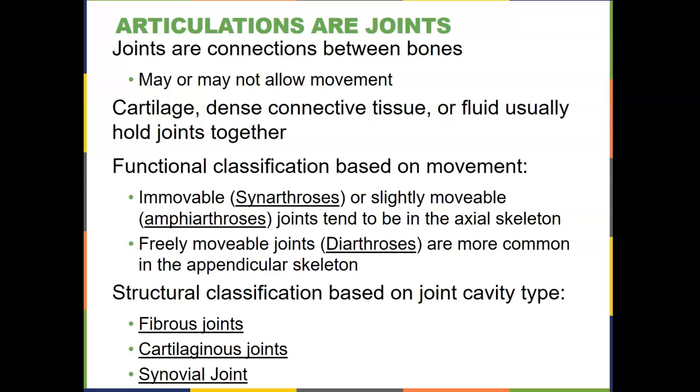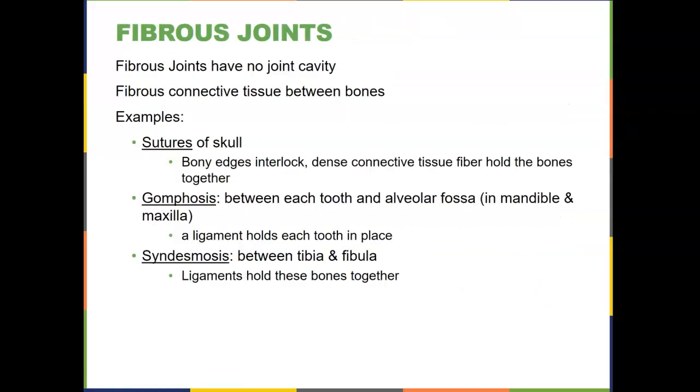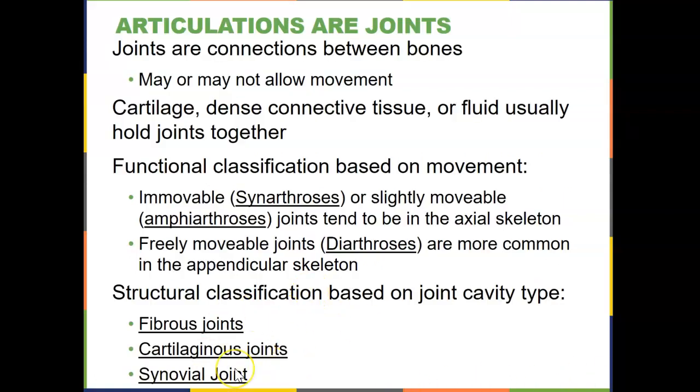Then you have the synovial joints, also called diarthritic joints. Your knee is probably the greatest example, but also your elbows, maybe not as much, and definitely your shoulders. We'll get to how each of these joints is structured, why they're important, and how movement is influenced by the structure.